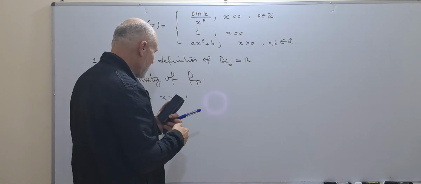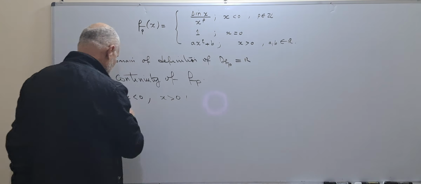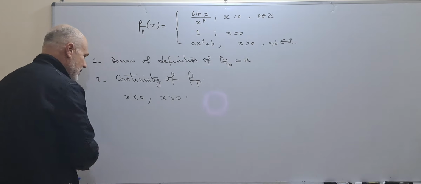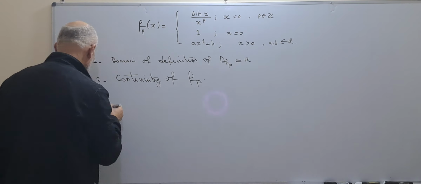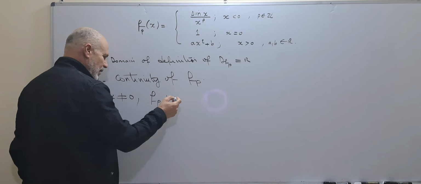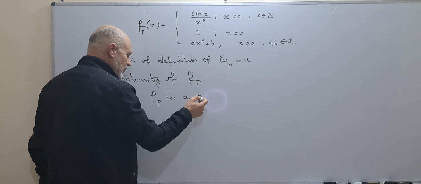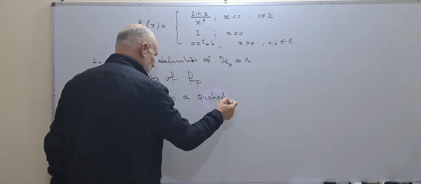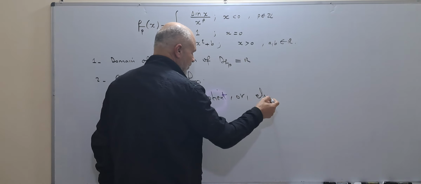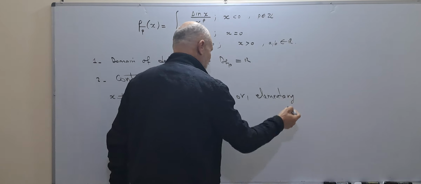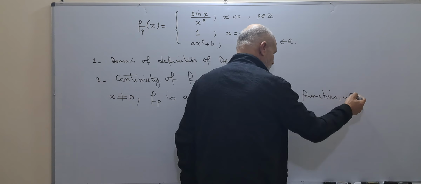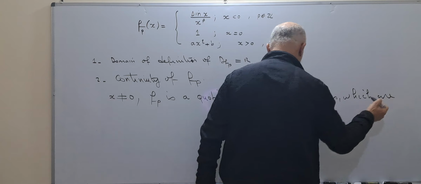The magic sentence here is to say that when x is different from 0, f_p is a quotient of elementary functions which are continuous.